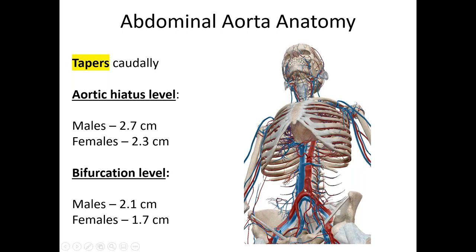As it progresses down towards the umbilicus level, it divides into the left and right common iliac arteries. You can see that the diameter at the bifurcation level is much smaller as compared to the aortic hiatus level, which was 2.7 in males and 2.3 in females, and for males it's 2.1 and 1.7.